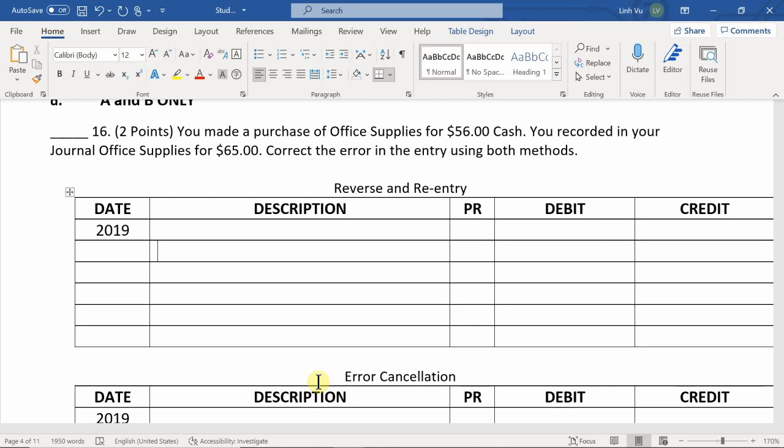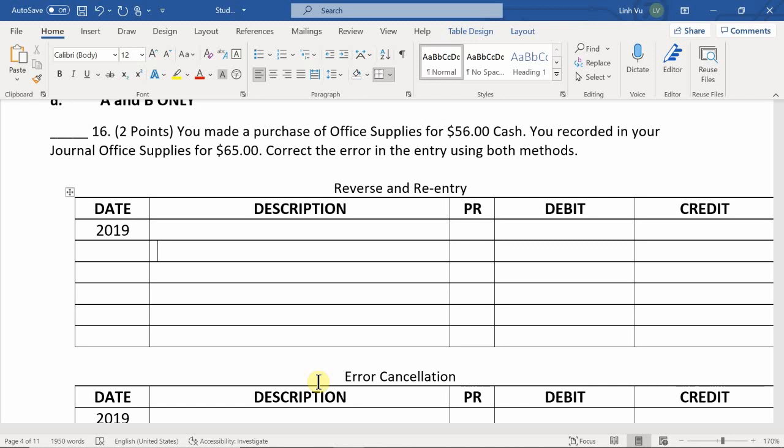The difference, the $9. Is that what the reverse and reentry does? No, that's the cancellation. The other one I'm not so sure. Okay, so remember, we went to the store, right? We purchased the office supplies, right? In my mind, I said that I spent $65.